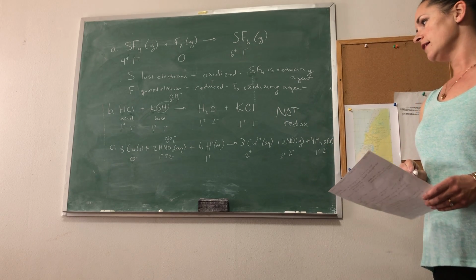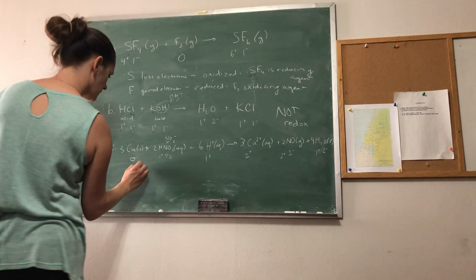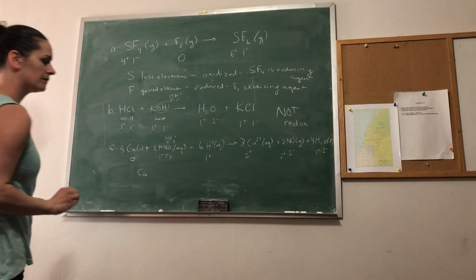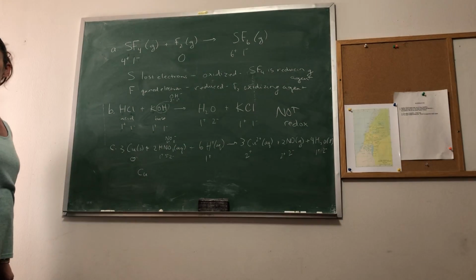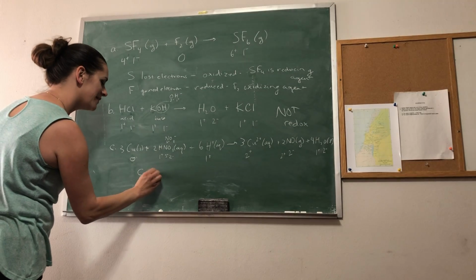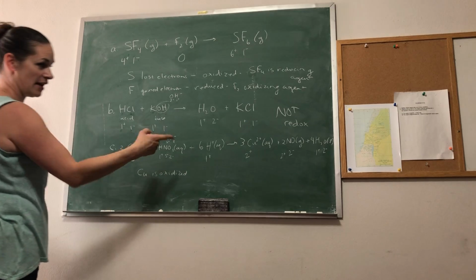So what was oxidized and what was reduced? What happened to the copper? Copper went from 0 to 2 plus, so it was oxidized. So it's the reducing agent.